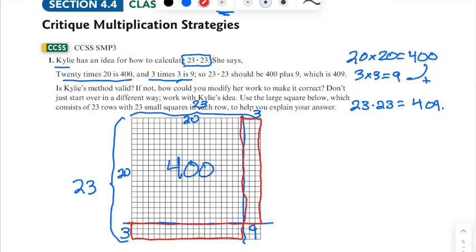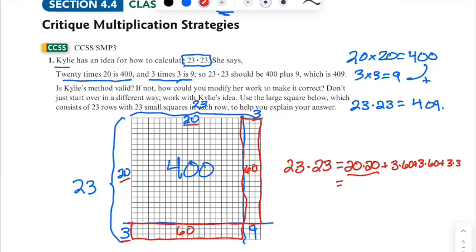How many squares is Kylie missing? Well, she's missing 20 times 3, which is 60 squares here, and 20 times 3, which is 60 squares over here. So really, 23 times 23 should be 20 times 20 plus 2 of those 3 times 60s plus the 3 times 3.